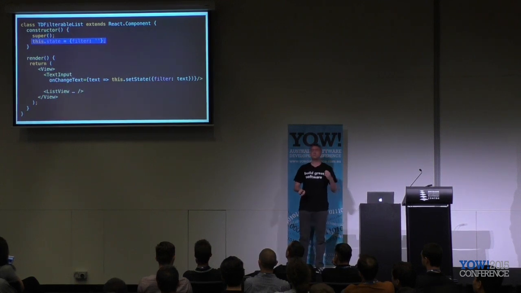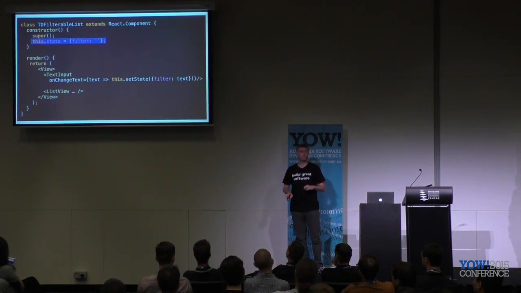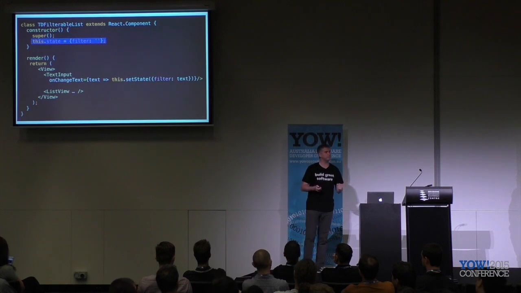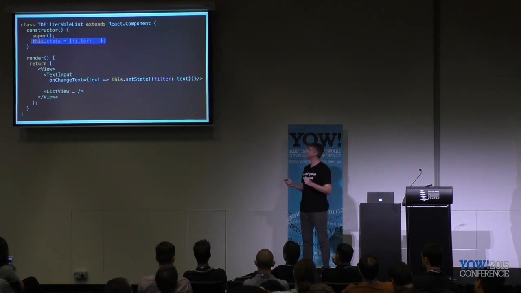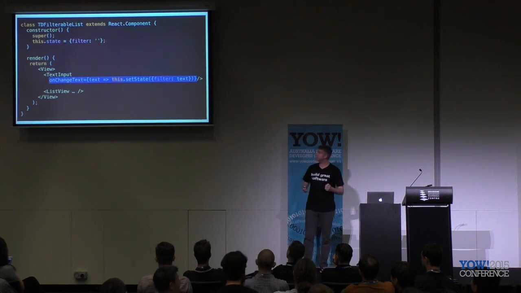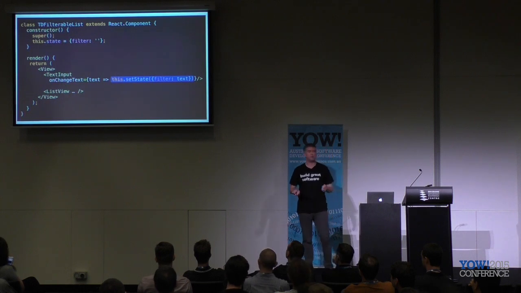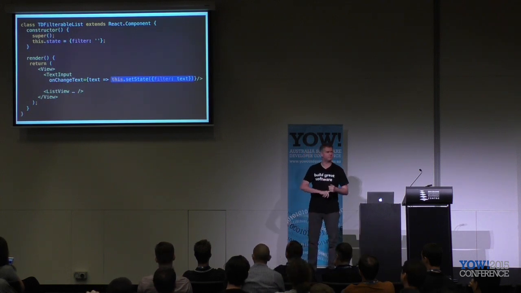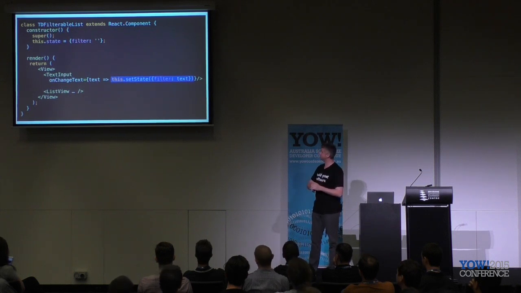So this.state is another special React component property, and this describes the mutable state for the component, but we try and keep it as small as possible. And on our text input, we're going to detect the event when text changes, and we're going to call this.setState. It's a special method that each React component has, and what it does is it updates the state, but it also marks the component as dirty and in need of being re-rendered.